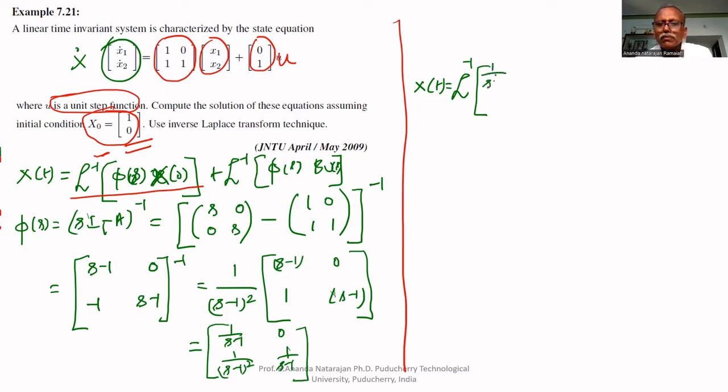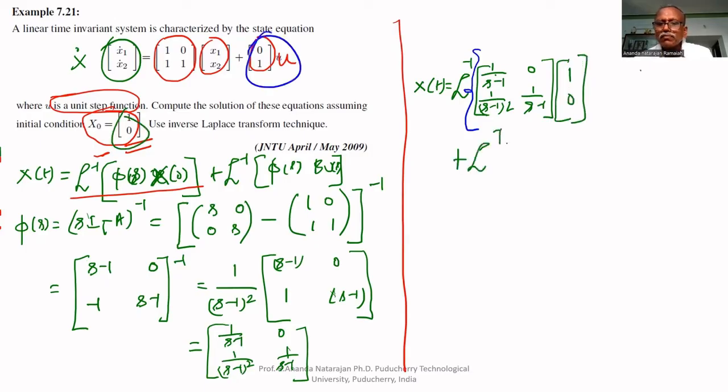X of 0 is given. X of 0 is [1 0]. So we can substitute 1 0 here, plus Laplace inverse of phi of S, that is 1 by S minus 1, 0, 1 by (S minus 1) whole square, 1 by S minus 1.